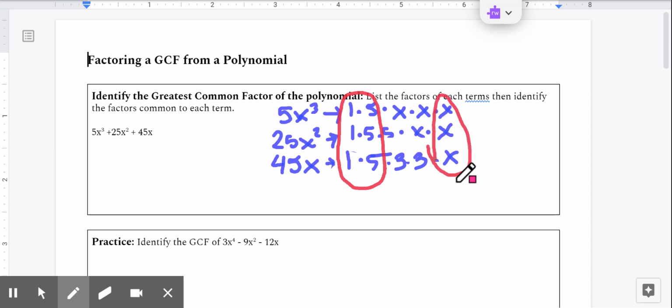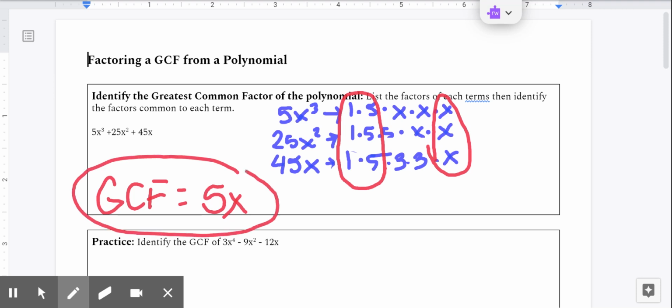They all have at least 1x. So here the greatest common factor is going to be 1 times 5, or really that's just 5. And they all have that x. So 5x is the greatest common factor. Each of these terms could be divided by 5x, and you would have a whole number as your answer. So that's what our greatest common factor would be.